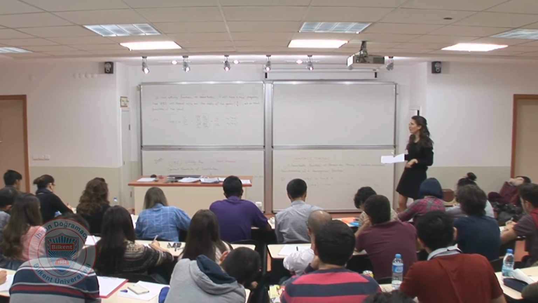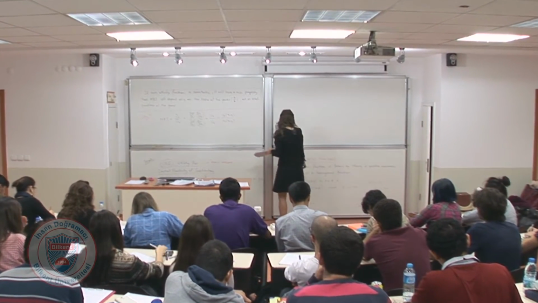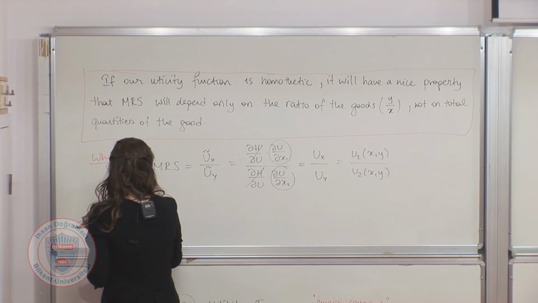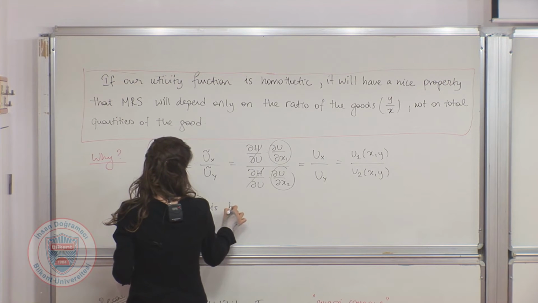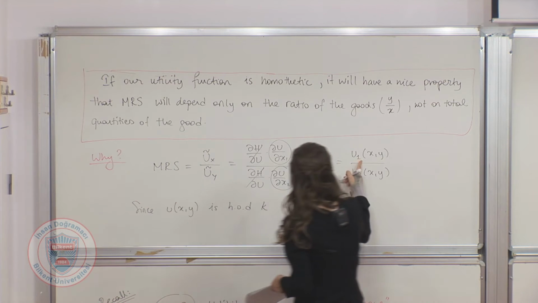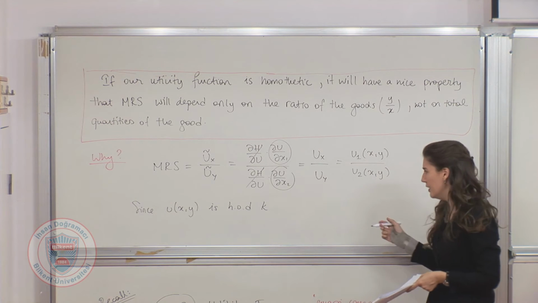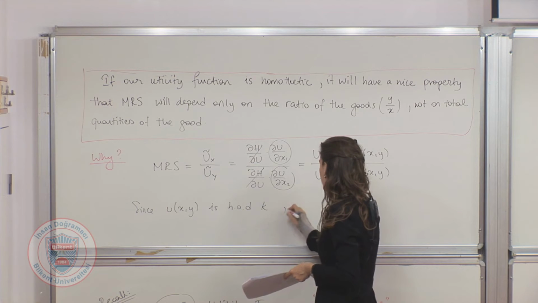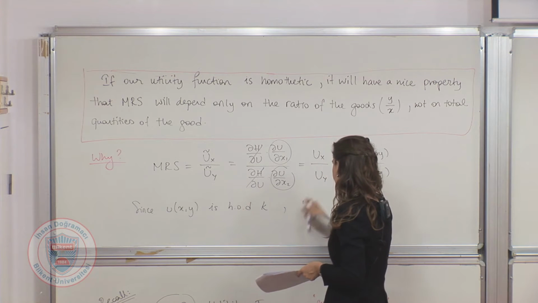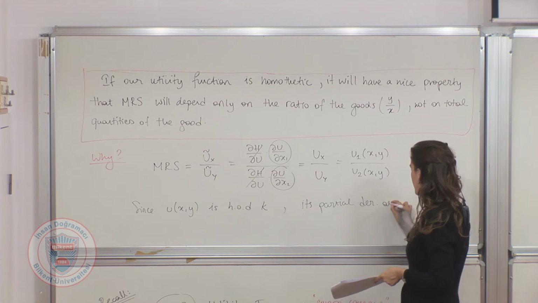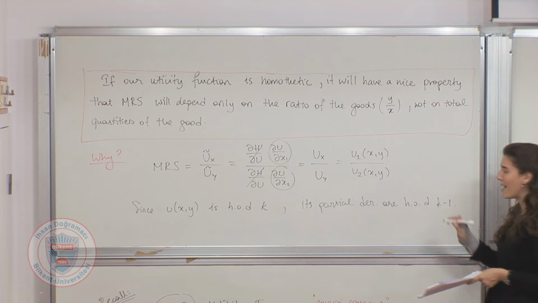Since u(x,y) is homogeneous of degree k, u1 will be homogeneous of degree k minus 1, because it's a partial derivative. Since this is homogeneous of degree k, its partial derivatives are homogeneous of degree k minus 1.